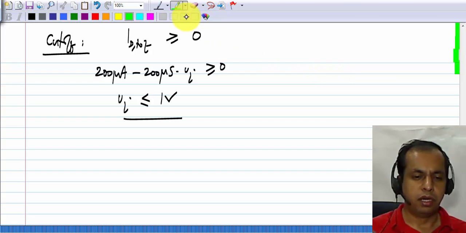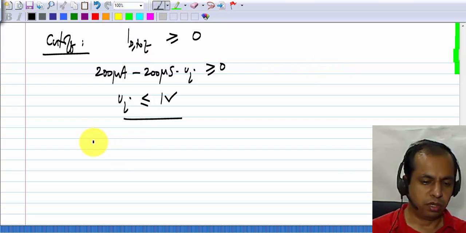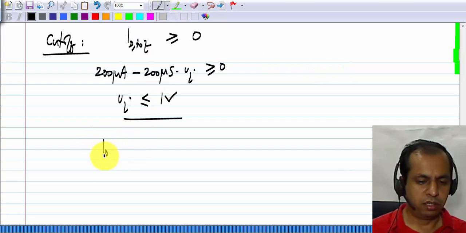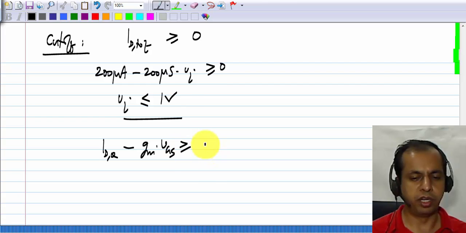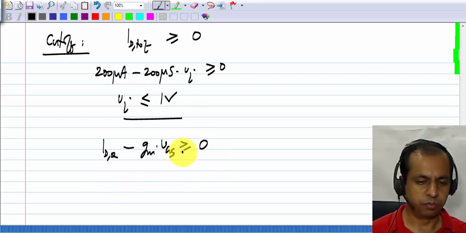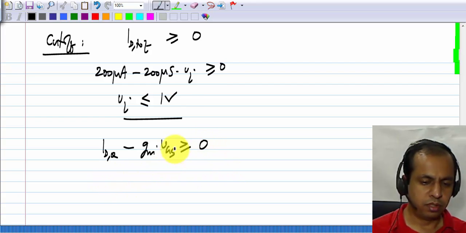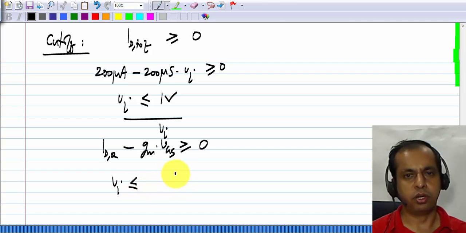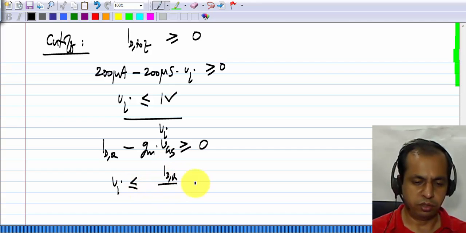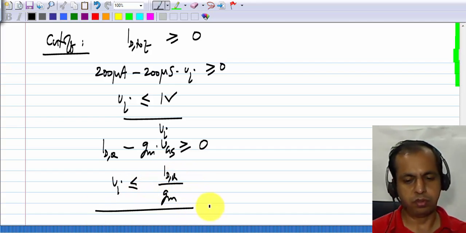In general terms, the total drain current would be the quiescent drain current minus GM times VGS, and this has to be greater than or equal to 0. In our case VGS equals Vi, so this is GM times Vi. So Vi has to be less than or equal to IDQ divided by GM.